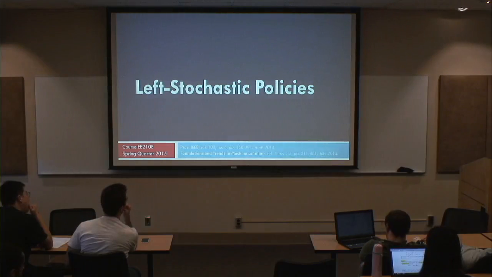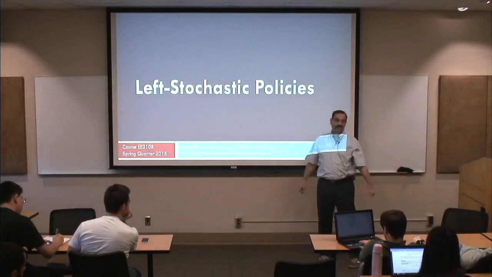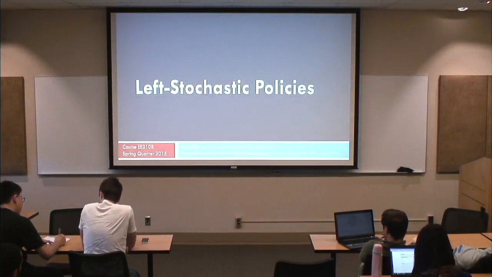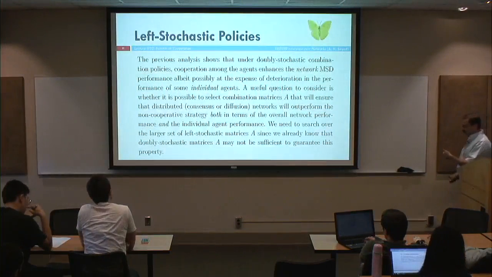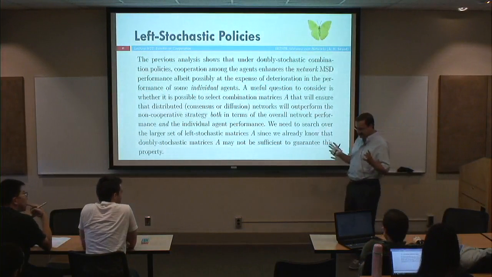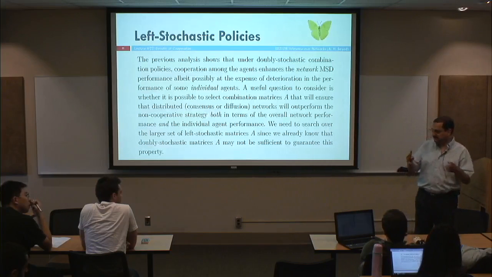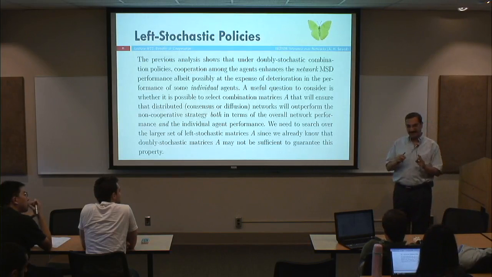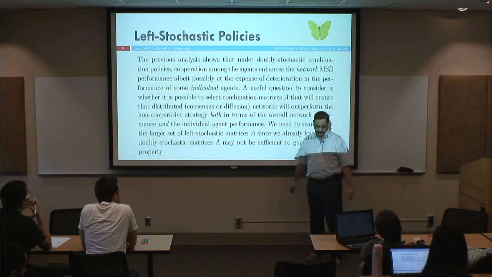So you get the point. Now, what if I move to left stochastic policies? Okay. Because in the previous result I showed that on average I will do as well, right? The network as a whole will do as well as the centralized solution, better than the average non-cooperative solution, but not necessarily better at the individual level, okay?